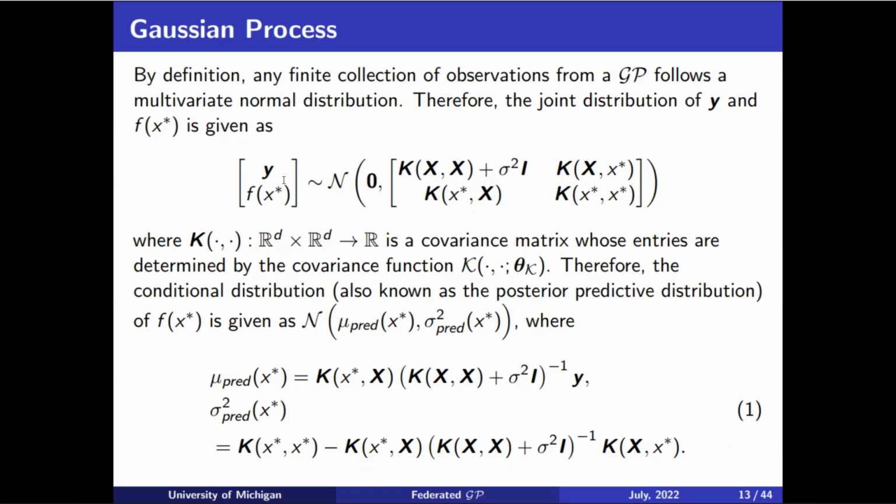Therefore, the joint distribution of the output y and the prediction f(x star) is given as follows, which is a normal distribution with 0 mean and this big covariance matrix. Here, this term K is defined as a covariance matrix whose entries are determined by the covariance function. Therefore, the posterior predictive distribution of the prediction is given as a normal distribution with the following identities.